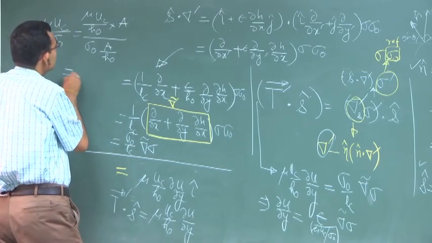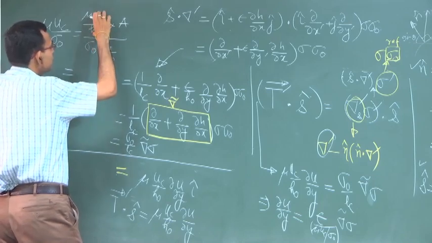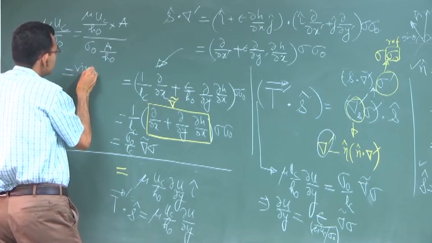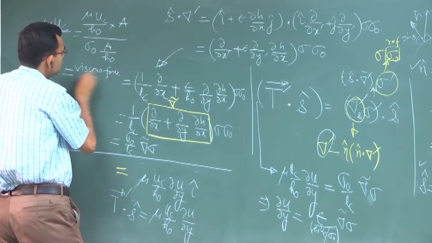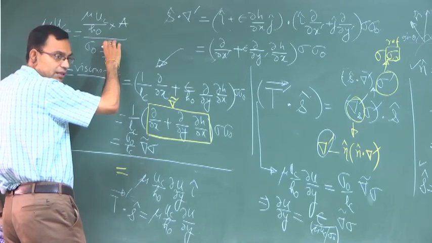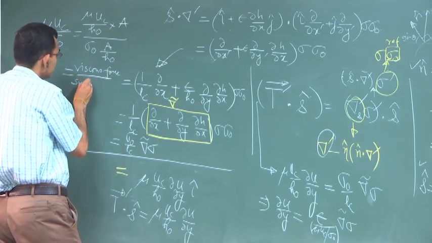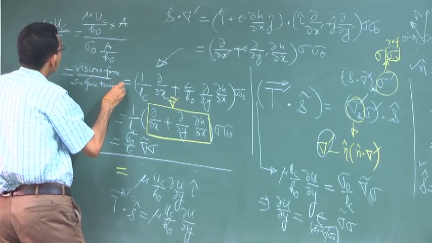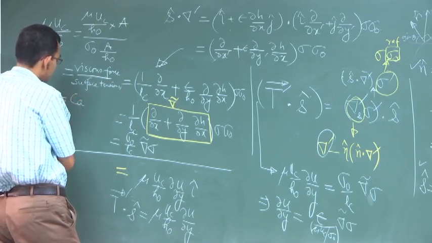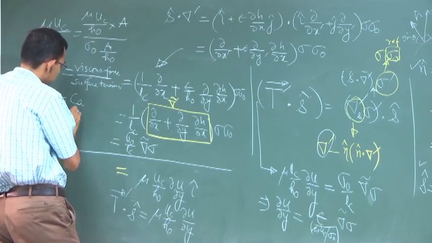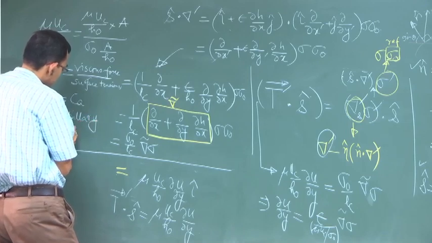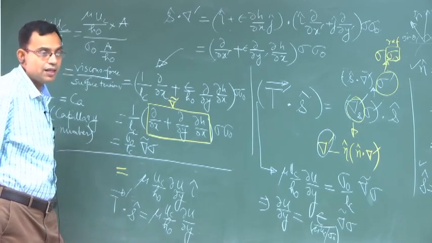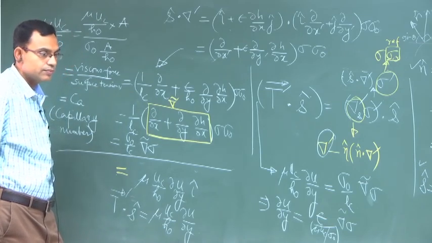So, this is shear stress multiplied by area, so this is viscous force, and this is surface tension coefficient times length, so this is surface tension force. This is called the capillary number: viscous force by surface tension force.